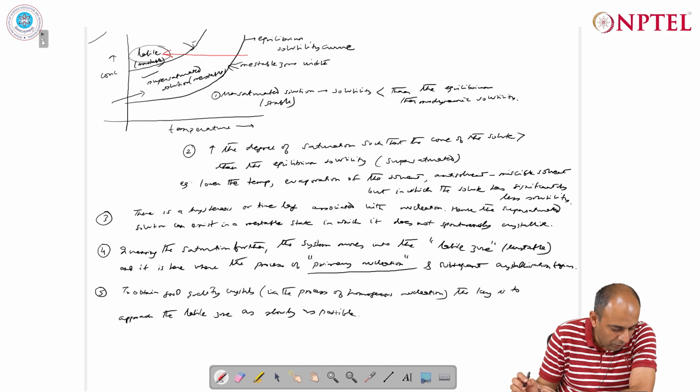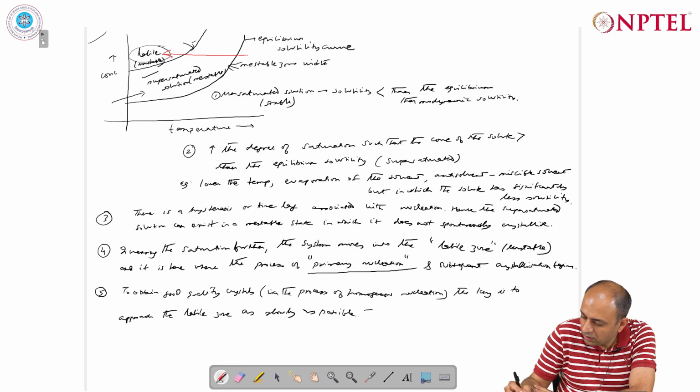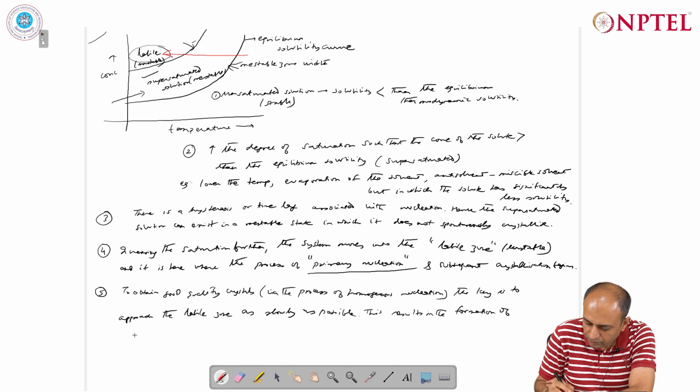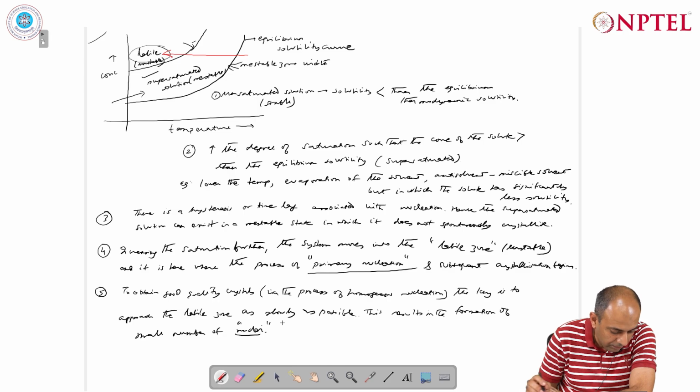This results in the formation of a small number of nuclei which can now possibly further grow into larger size crystals.